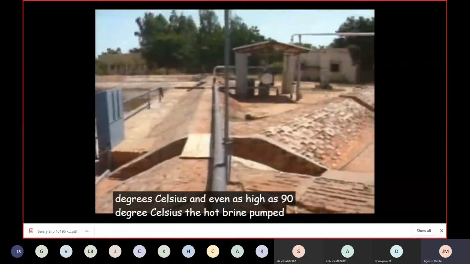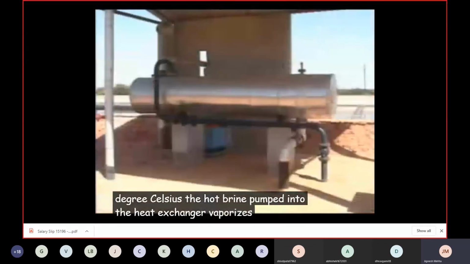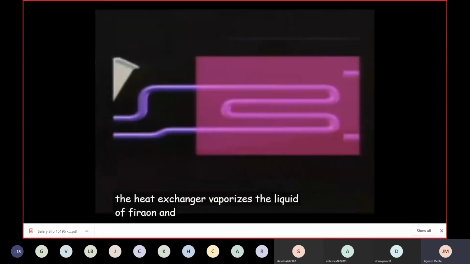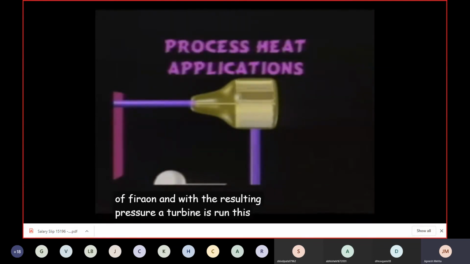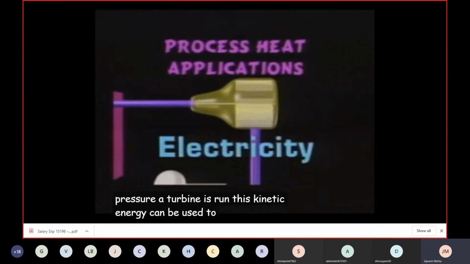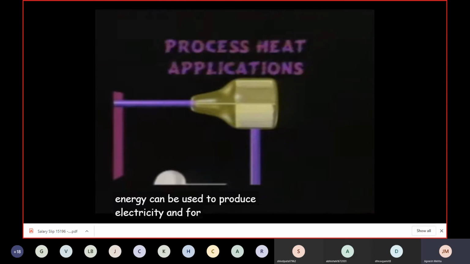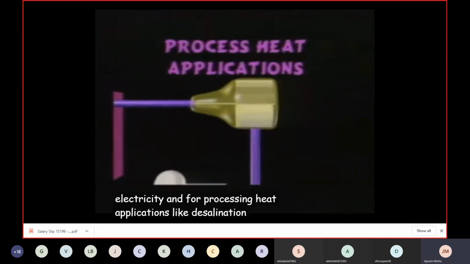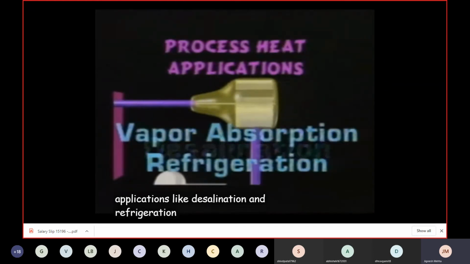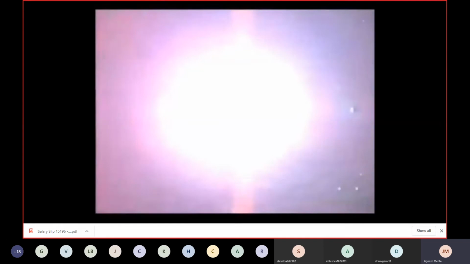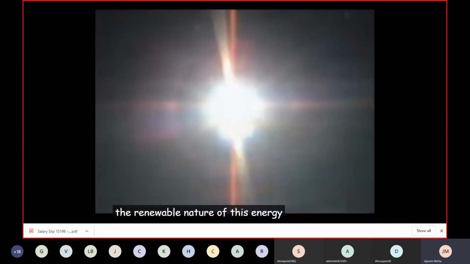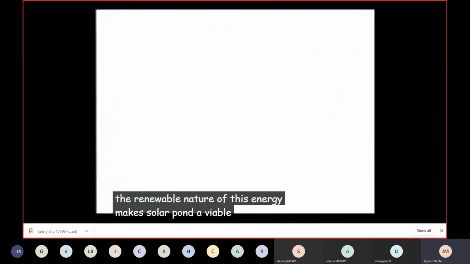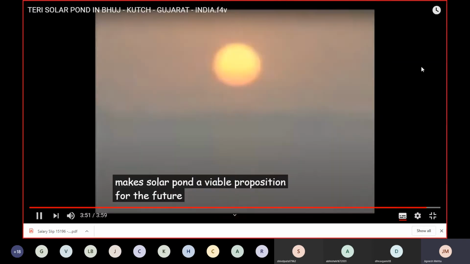The hot brine pumped into the heat exchanger vaporizes the liquid of furon, and with a resulting pressure, a turbine is run. This kinetic energy can be used to produce electricity and for processing heat applications like desalination and refrigeration. The renewable nature of this energy makes solar pond a viable proposition for the future.